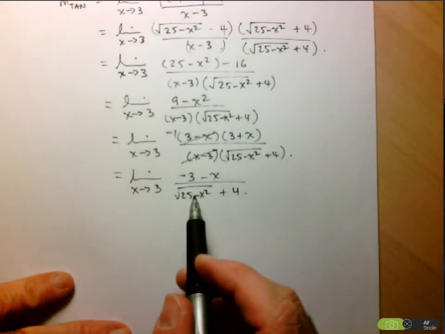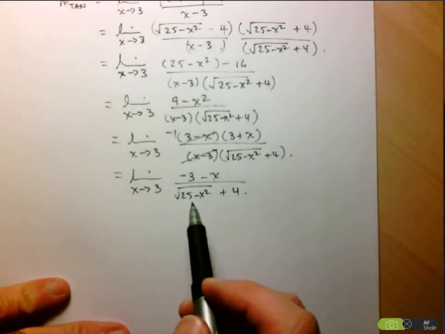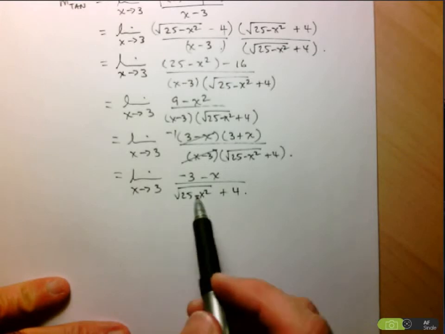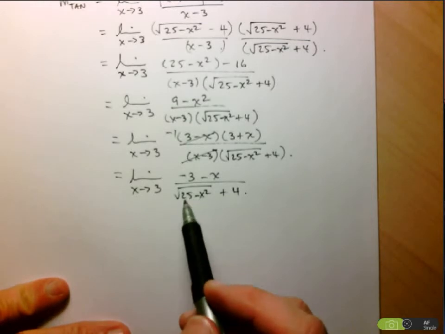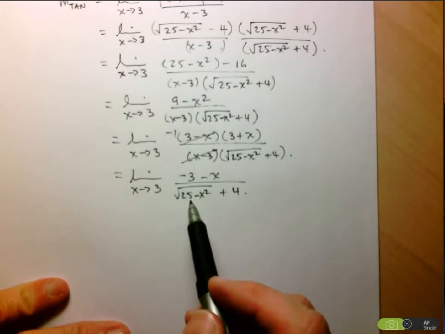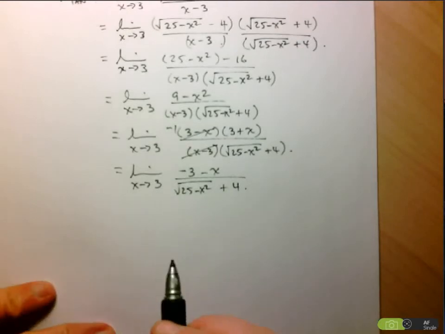Now when I look at this denominator, and think about what it approaches as x approaches 3, it approaches the square root of 25 minus 9, so the square root of 16, which is 4, plus 4. I no longer have this issue with a 0 in the denominator.